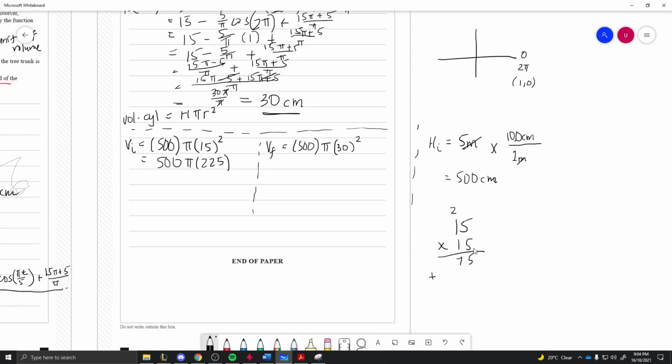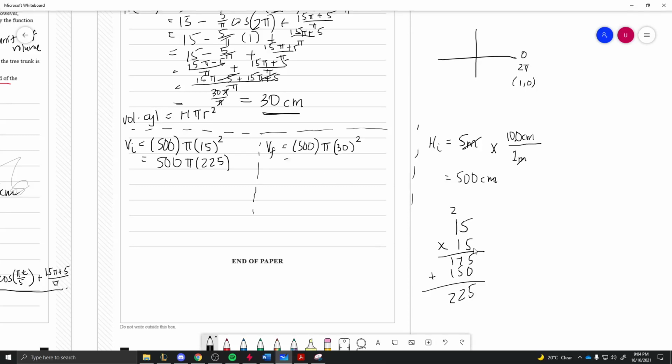Then you put your 0 in here, and 1 times 5 is 5, and 1 times 1 is 1, equals 225.